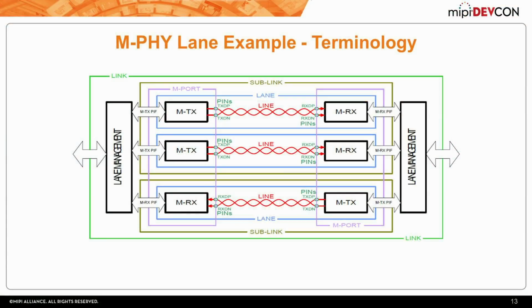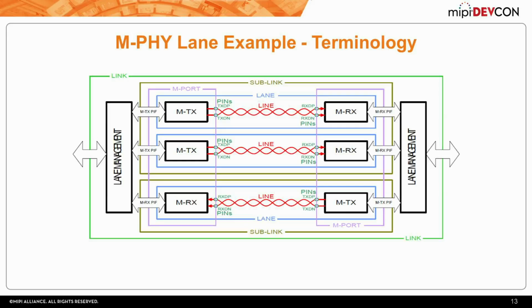So the concepts of M-PHY, we have this terminology. At the lowest level, we have what we call a line, so really a differential pair. Then this can be formed into what we call a lane, which is a pair of a TX and RX, and then a sublink being one component of the link, and then at the higher layer, a link which consists of two directions, not necessarily the same width.